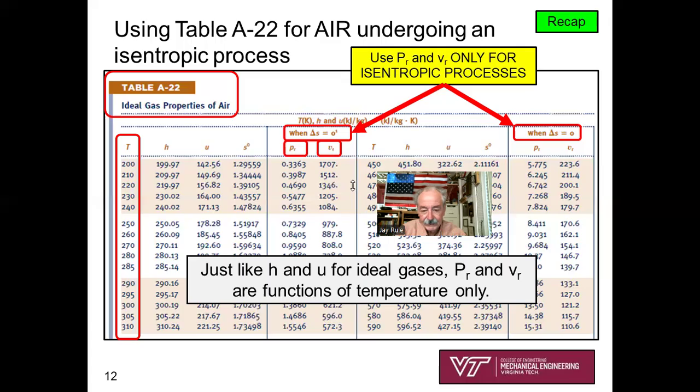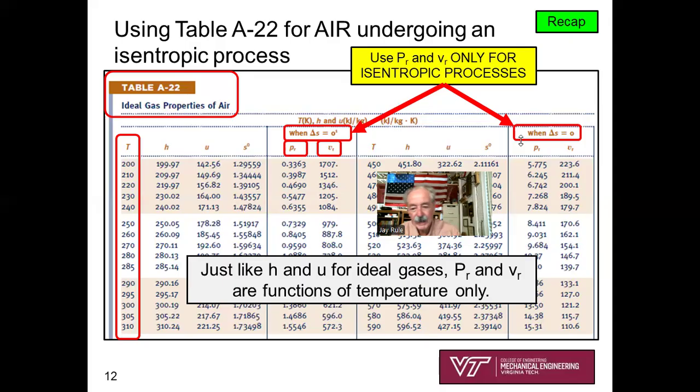But notice the divided-off columns that say PR and VR. You're going to be using those a lot, and notice it says when delta S equals 0. So these two columns that are blocked off are only applicable for isentropic processes, reversible, adiabatic.